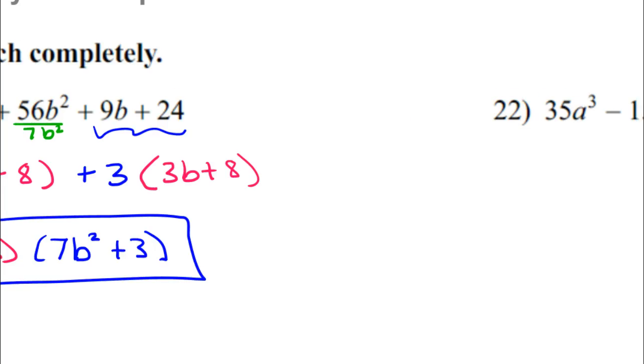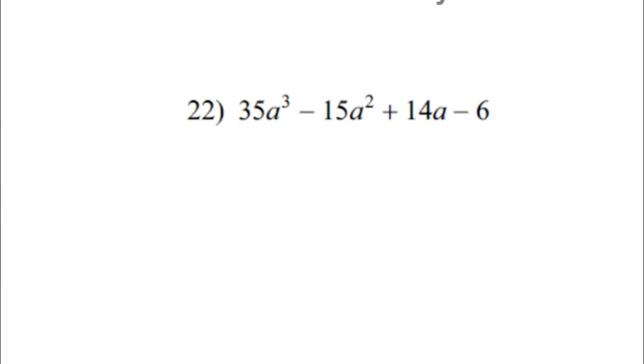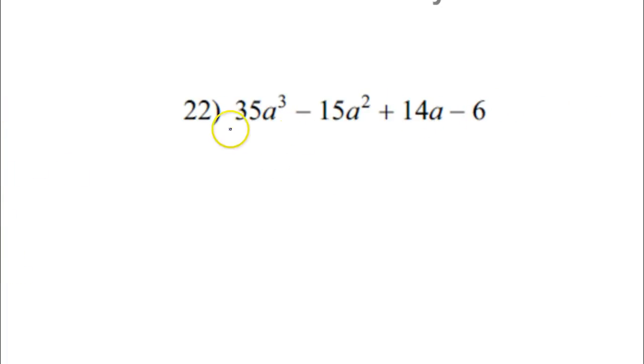Okay, let's take a look at number 22. Again, when I see the four terms, I think, hey, let's try factoring by grouping. So looking at this first pair, see the a squared? These are both divisible by 5. So I'm thinking my GCF is going to be 5a squared.